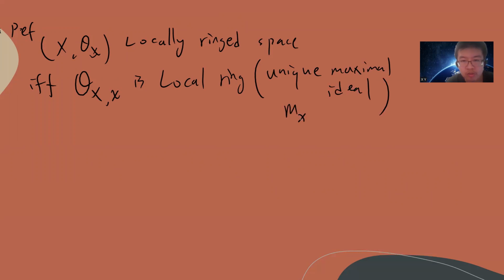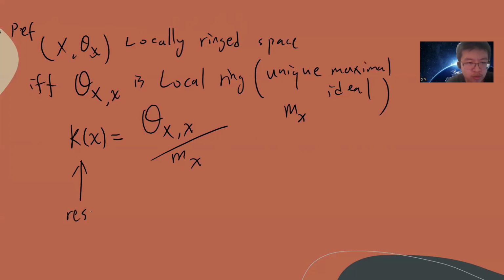Let's denote it m_x. If you take the local ring quotient by the maximal ideal, kappa(x), or k(x), this is called the residue field. It's just some terminology.